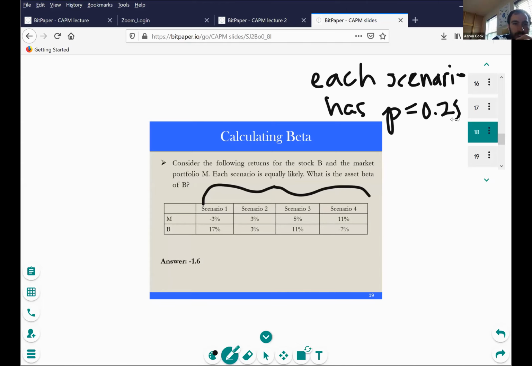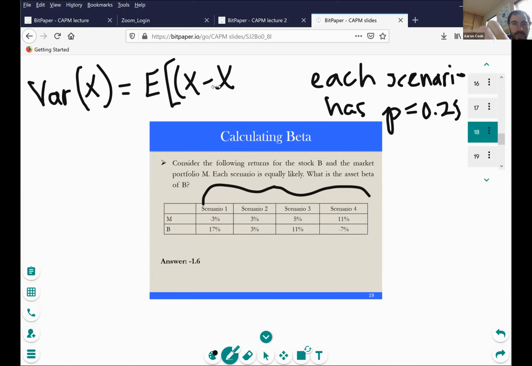We just need to remember that the variance of any random variable x is the expected value of x minus its mean, squared.